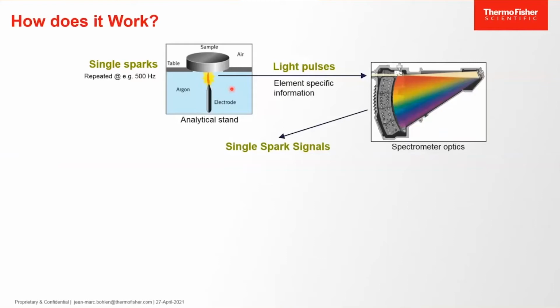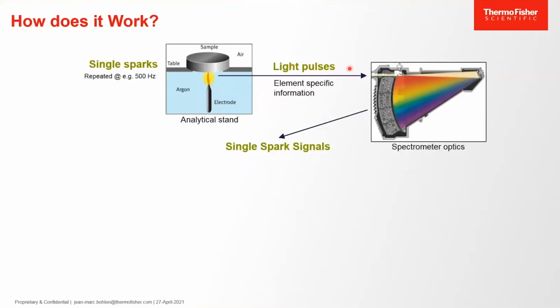Thousands of single sparks are repeated at high pace between the electrode and the sample. At each single spark, a small part of the sample is ablated and atomized, and a light pulse is emitted. This light pulse is characteristic of the atoms present in the sample and of their quantity.